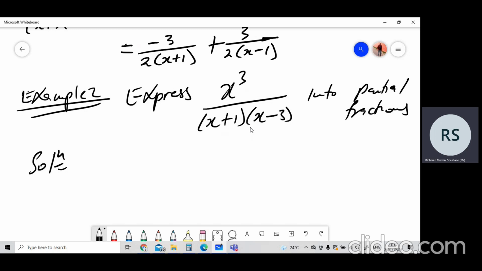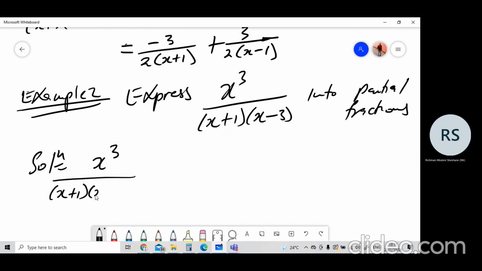So when the degree, you'll see the point rule number 2 that I gave you above. When the degree of the numerator is greater than that of the denominator, or if they are equal, just start with a long division. Okay, so you divide x to the power of 3 over x plus 1 using a long division.